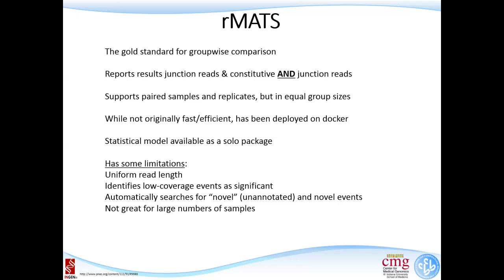As far as some limitations go, the biggest one is that it requires a uniform read length. So generally in a sequencing experiment, you would expect to see over 85 to 95% of your reads being your target read length. So if you're doing a 75 base pair sequencing experiment, you expect 80 to 95% 75 base pair reads.